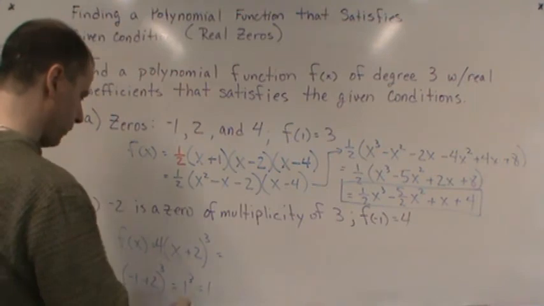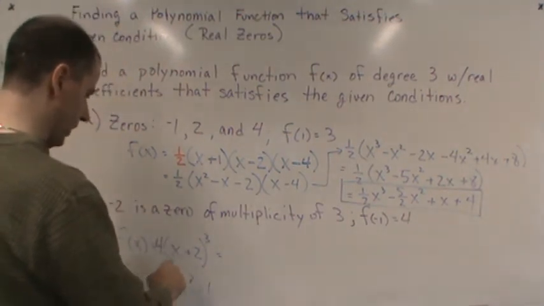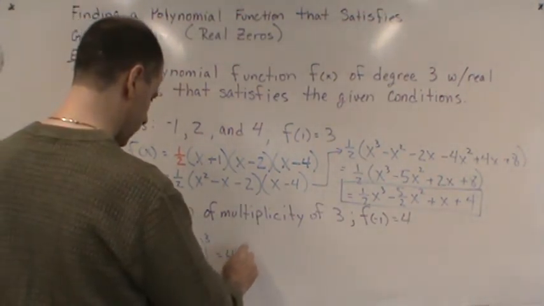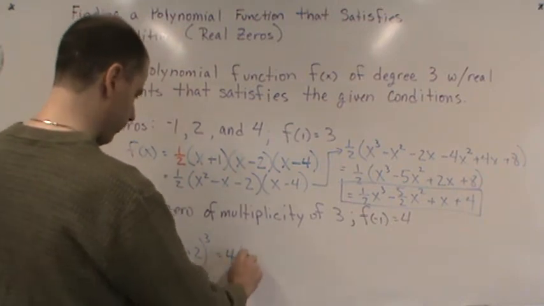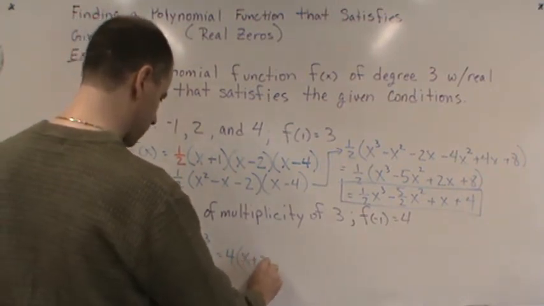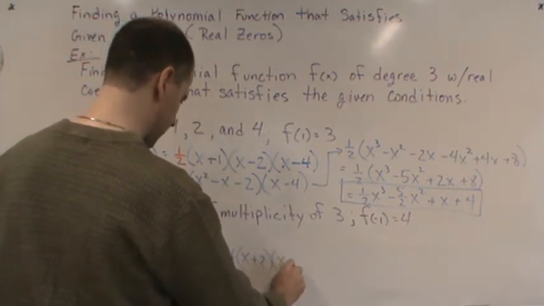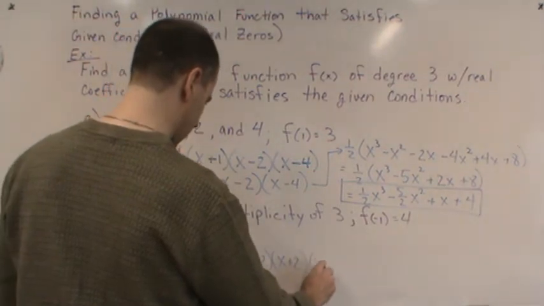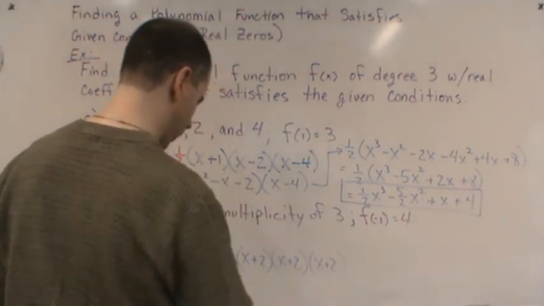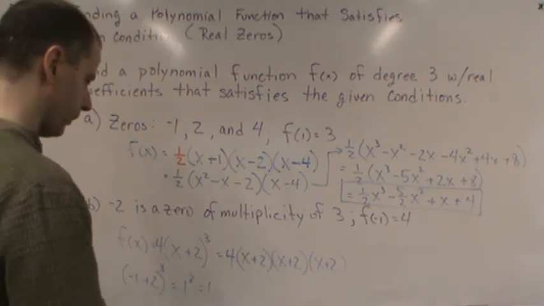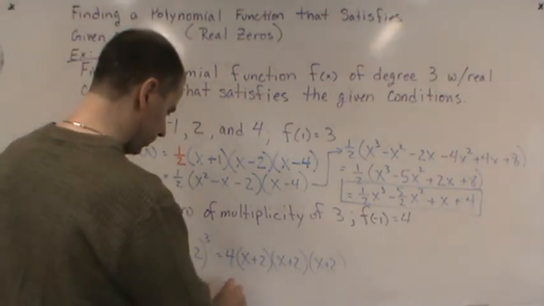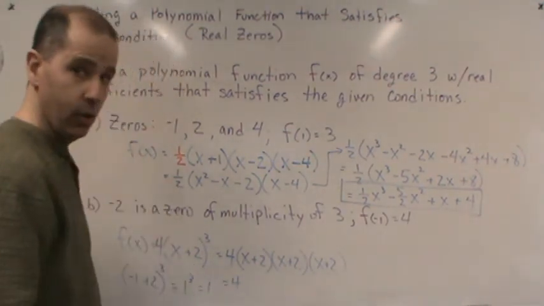Okay, so let's do the FOIL method once, right? So it's going to be 4 times x plus 2 times x plus 2 times x plus 2, right? And so this is going to give us what?